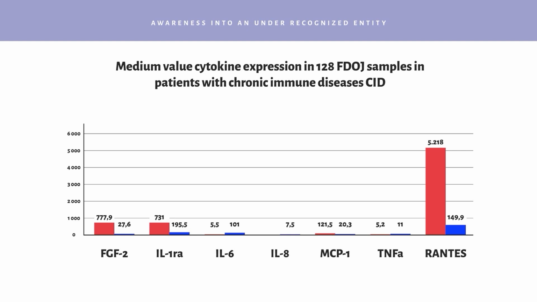Healthy jawbone is the blue columns, and FDOJ is the red columns. And so you see the huge difference: RANTES is about 35-fold overexpressed in these FDOJ areas compared to healthy jawbone.